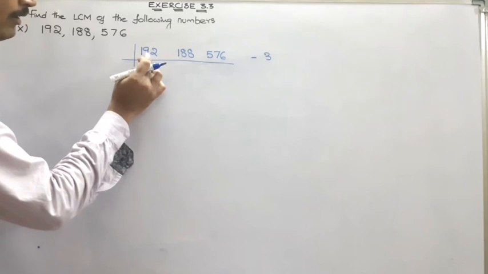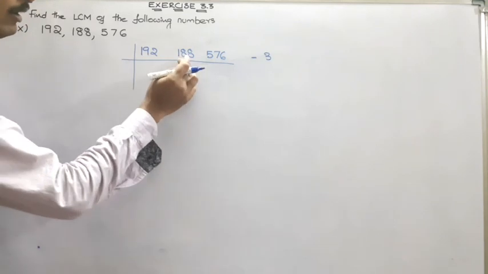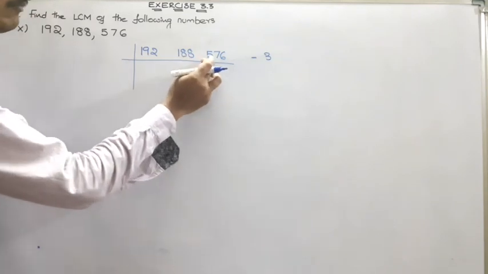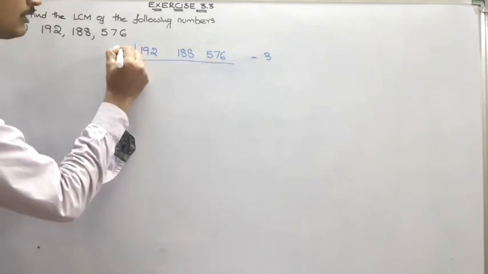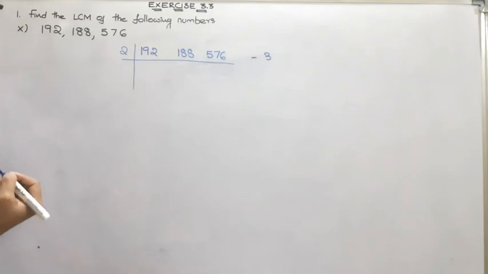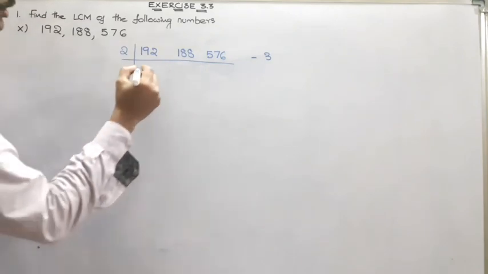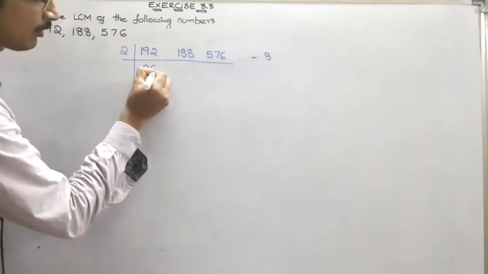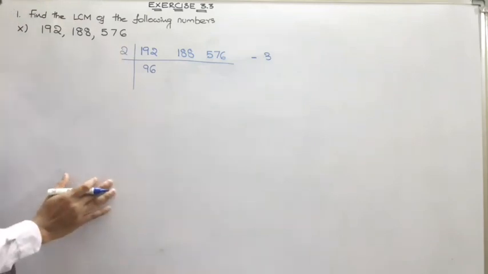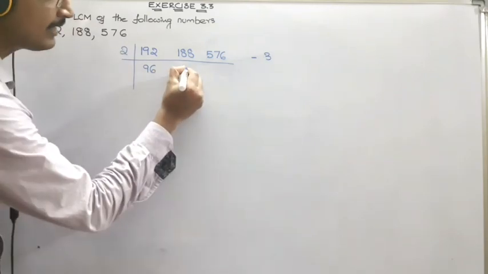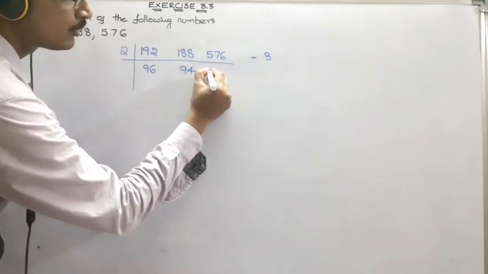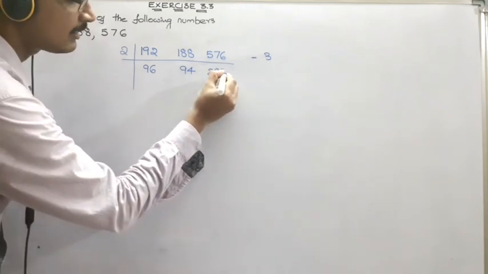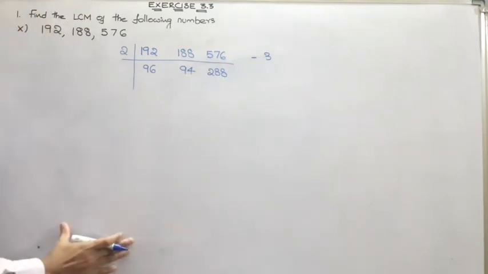So 192 is an even number, 188 is an even number and 576 is an even number. So we can cancel it using 2 table. 2 96s are 192, 2 94s are 188 and 2 288s gives us 576.